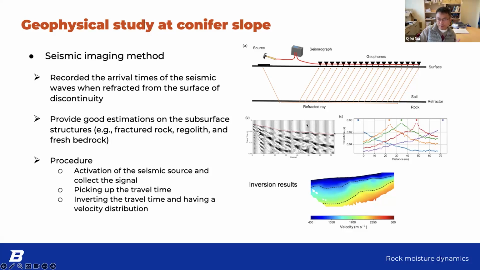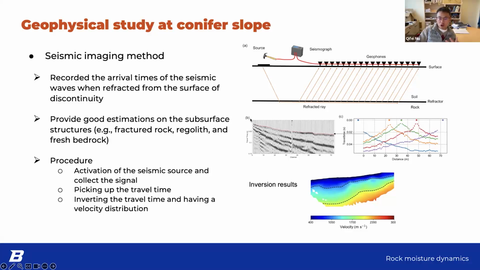Each of the traces indicates the location of a geophone. You can see we have a lot of geophones, and each of them monitors the ground response. The farther you go from the seismic source, the longer it takes to receive data. This red line indicates how long it takes for the geophones to receive the signal.